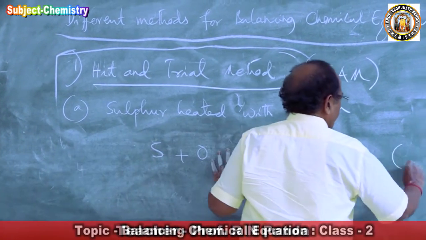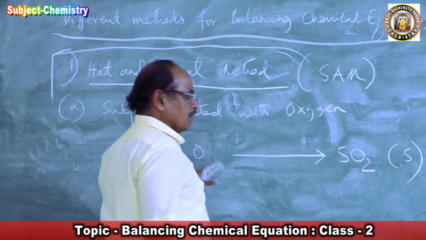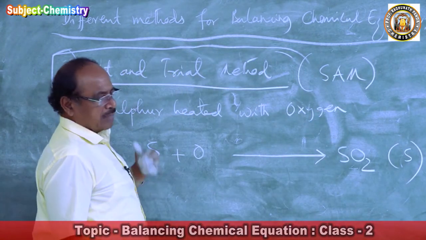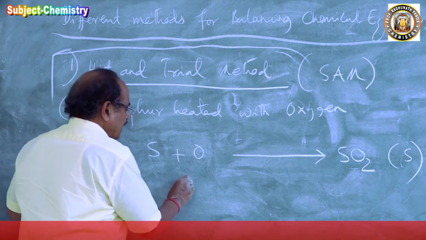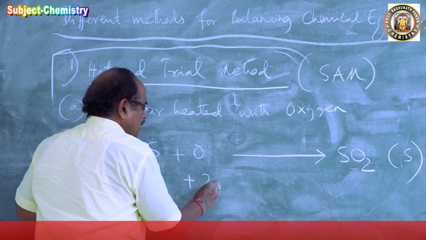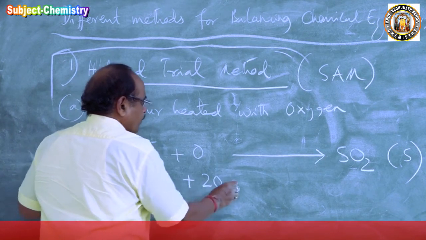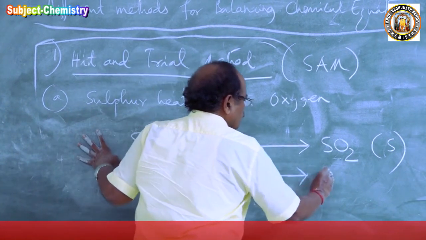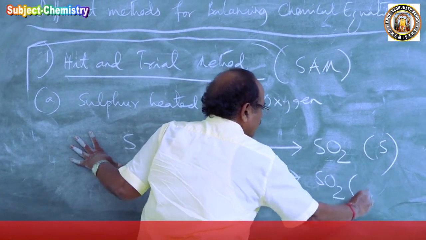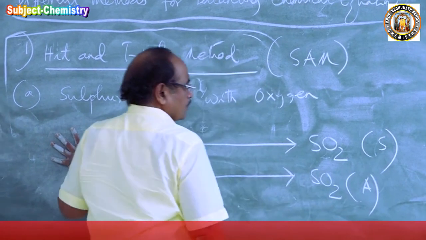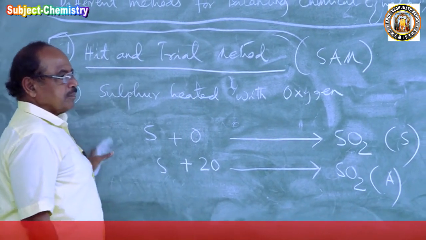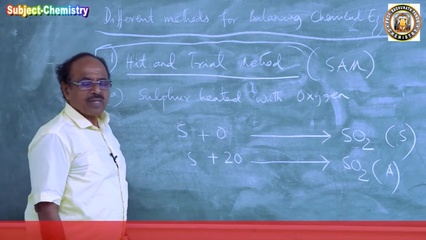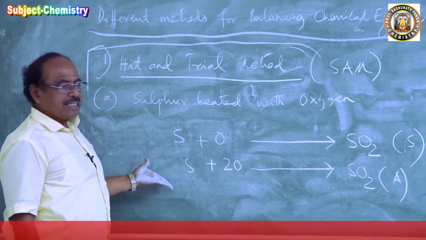This is the skeleton equation. Then we'll make it atomic. How many oxygens are there? 2. So we write 2O. Sulfur forms SO2. So this became atomic. Then we'll make it molecular.